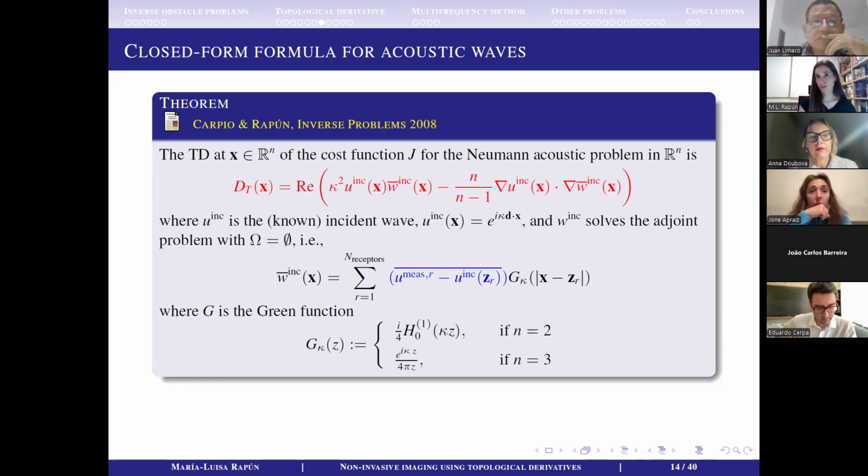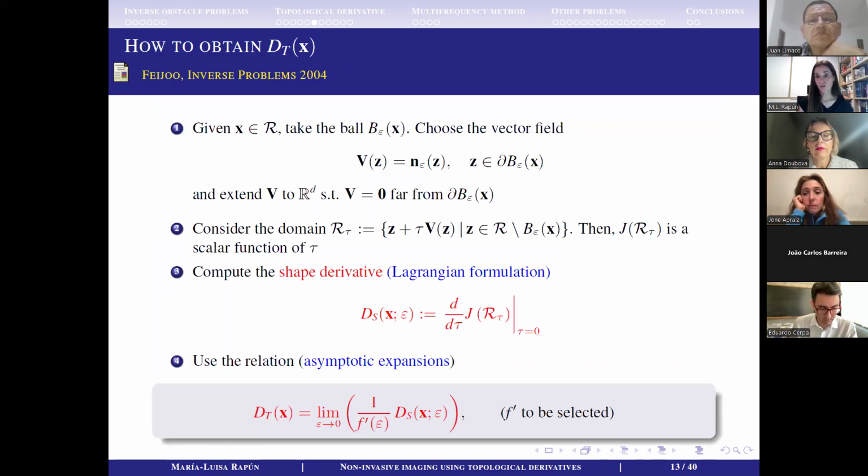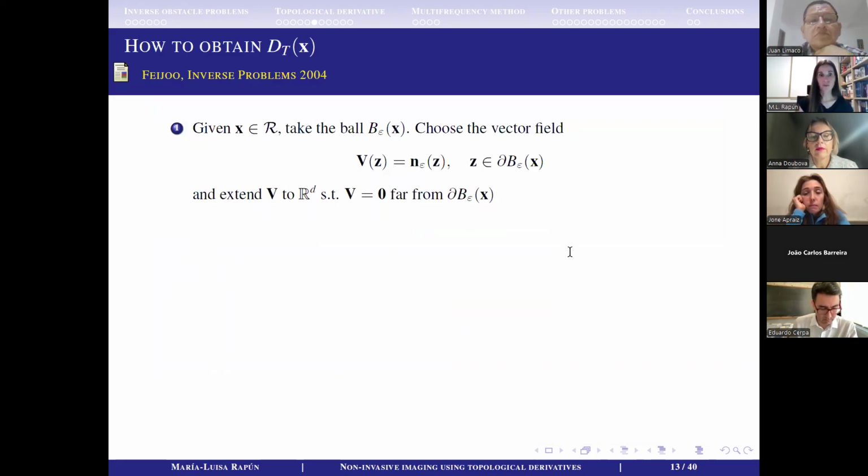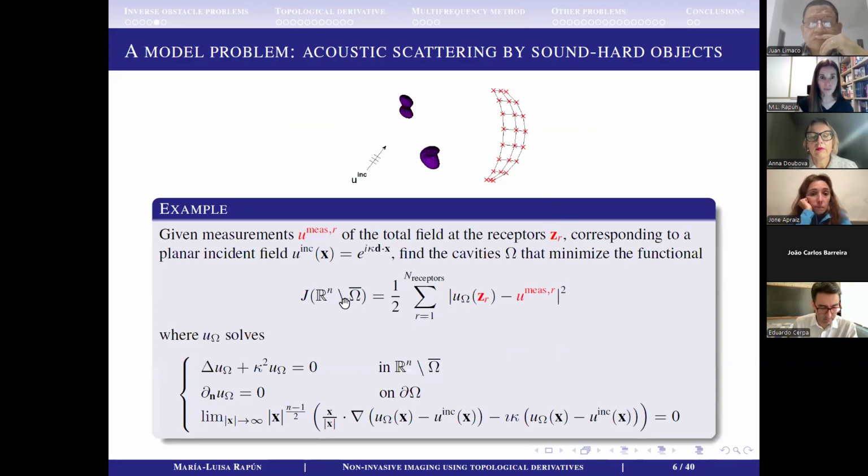You don't need an elliptic or parabolic problem; it does not depend. Depending on the problem, you have a different cost functional. In stationary problems, I'm using this kind of functional and just computing the difference at the receptor. But if you have measurements at different times, then you can compute the error at all the times where you measure.